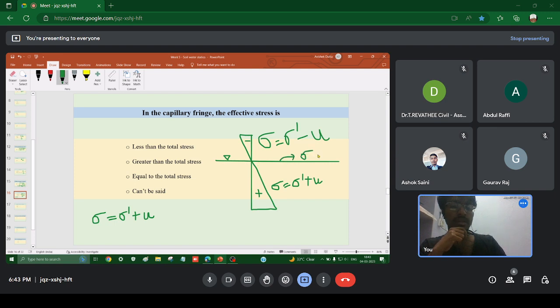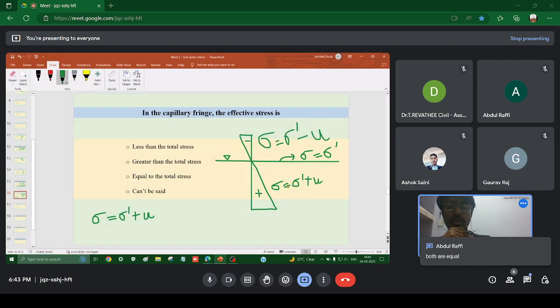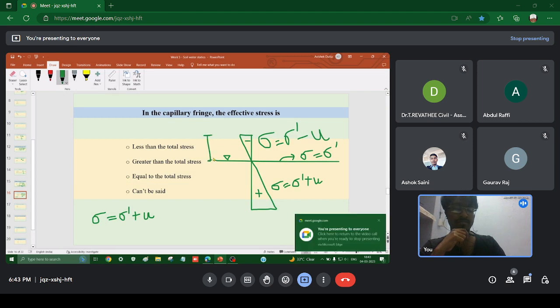Effective stress equals to total stress. Both are equal. Very good. Both are equal. So in this capillary fringe, that means specifically in this zone, the effective stress will be greater than the total stress. Okay.